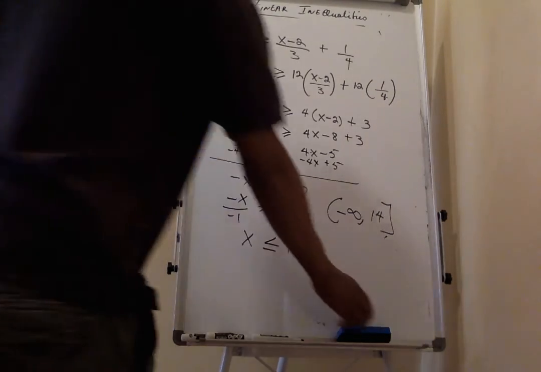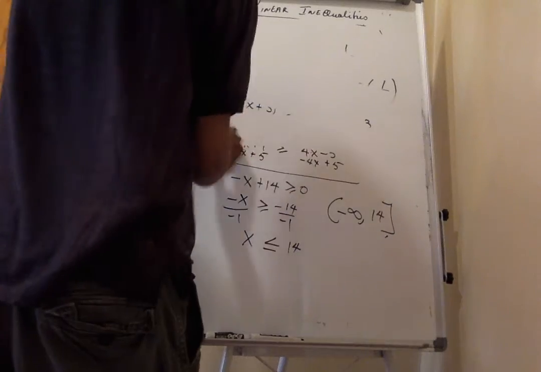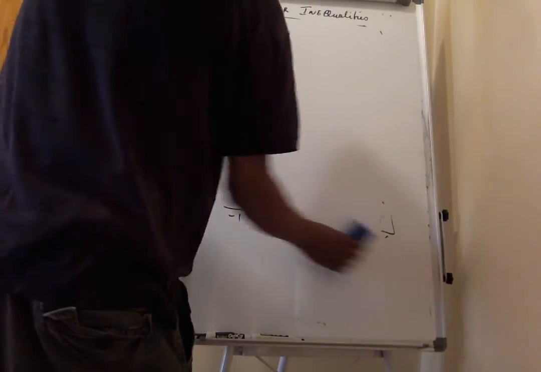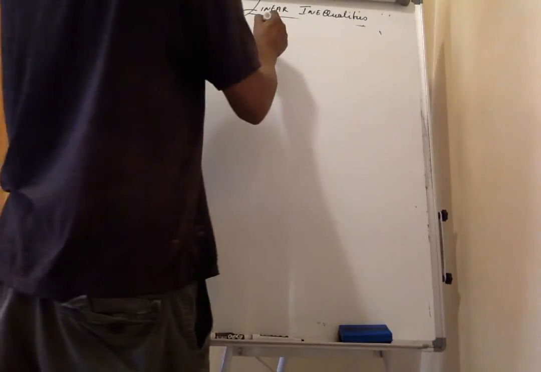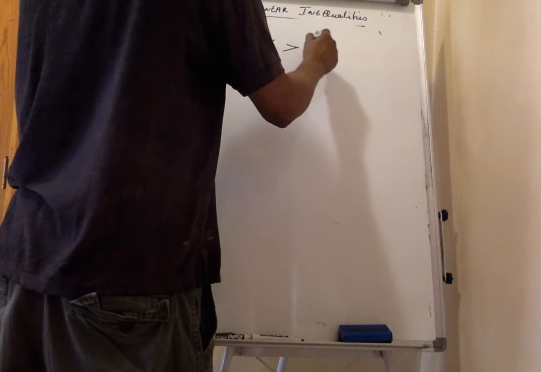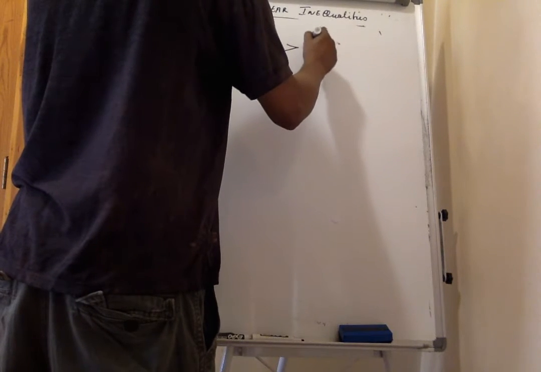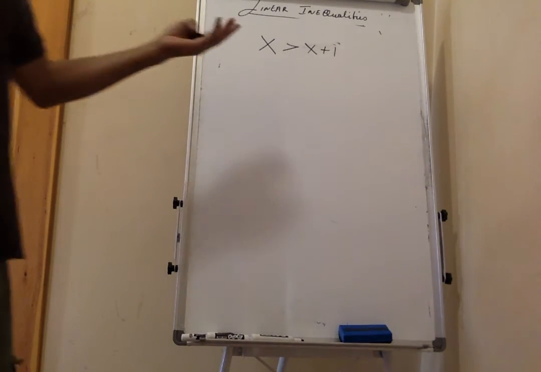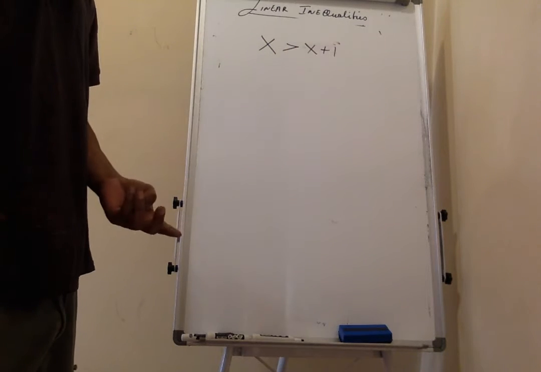Now, there are some unusual inequalities popping up. So, I'll just give you an example. Look at this one. x is greater than x plus 1. This is an absurdity because whatever value of x you have, this one increases by 1.